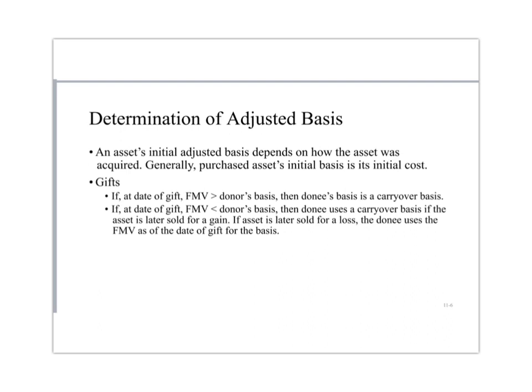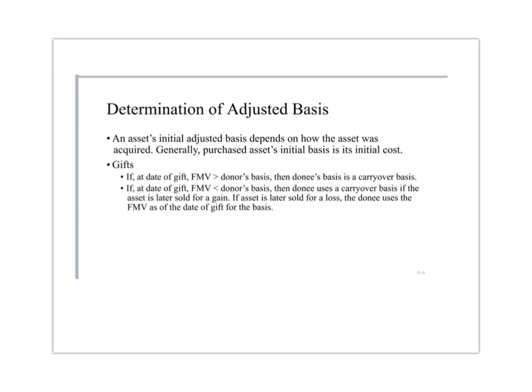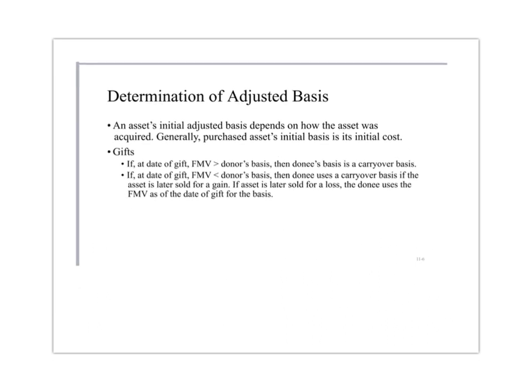Because now we're getting into some different situations for determining adjusted basis. When you purchase an asset, determining adjusted basis is pretty straightforward, and we've already talked about that. All of the things that go into calculating your basis, that was chapter 10. But what if you receive something as a gift? Two situations.